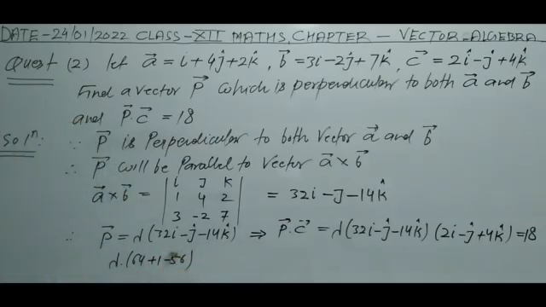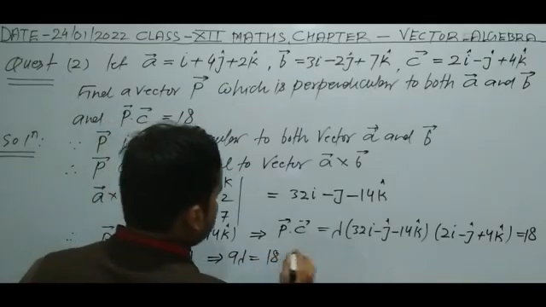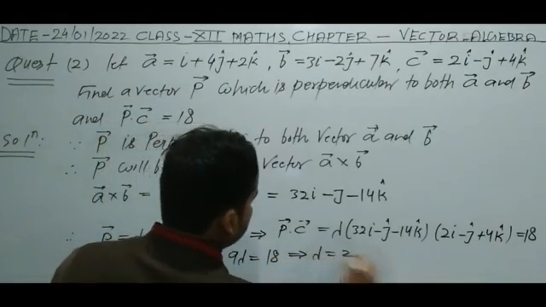So 64 plus 1 minus 56, the result is 9. So we can write 9 lambda is equal to 18. This implies lambda is equal to 2.